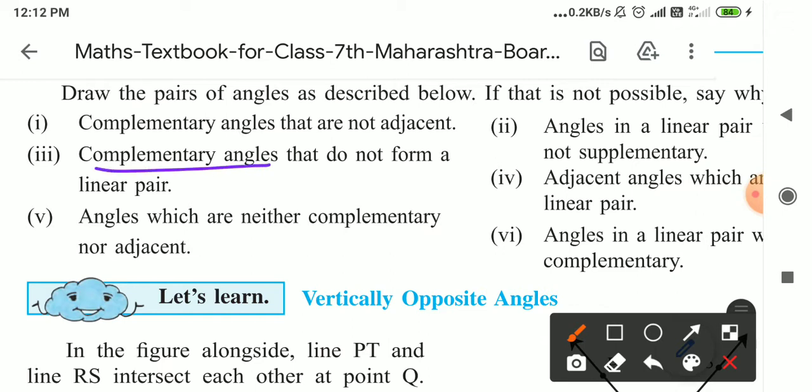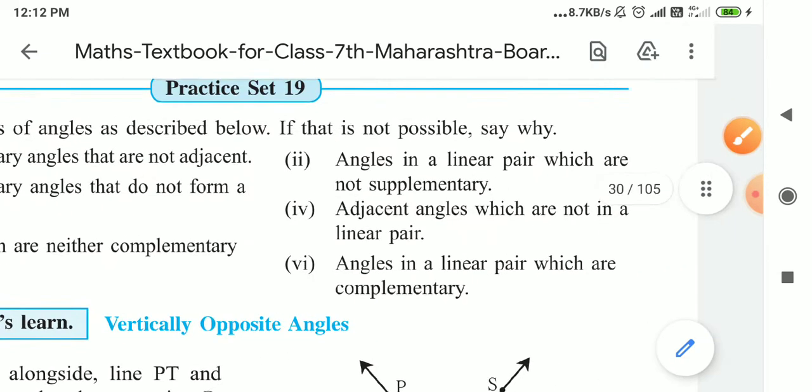It's not possible, first of all, and 'do not form' is a correct statement. Because the complementary angles' measure is 90 degrees and a linear pair has 180 degrees, this statement is correct.